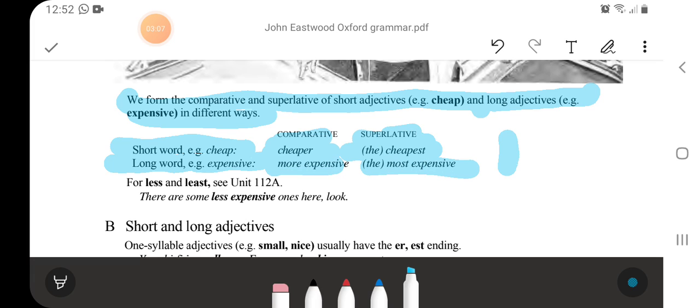Whenever there is a short adjective which has fewer syllables, like two syllables maximum, like cheap, तो उसके साथ आप use करेंगे er, cheap से cheaper or cheapest. But whenever we have more than two syllables, like expensive, it's a longer word compared to cheap, so then you will use more or most to form comparative or superlative, right?